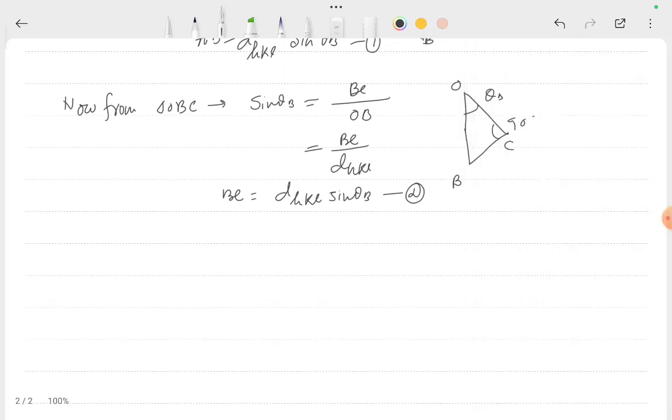So path difference delta x equals AB plus BC.